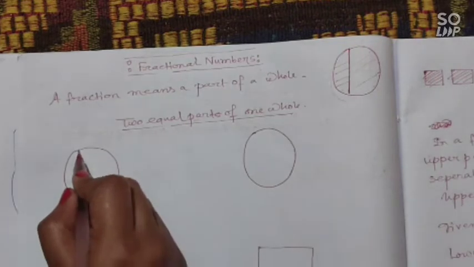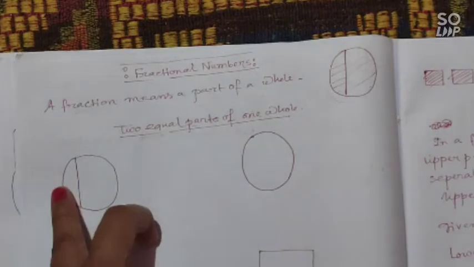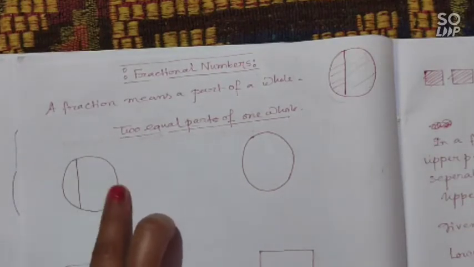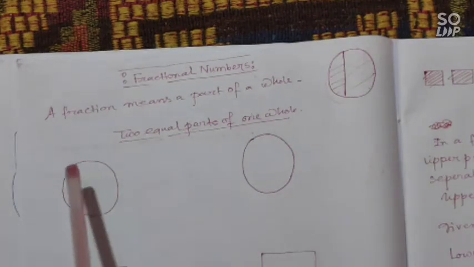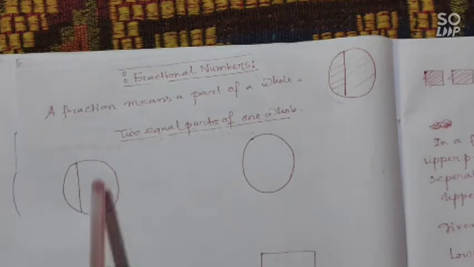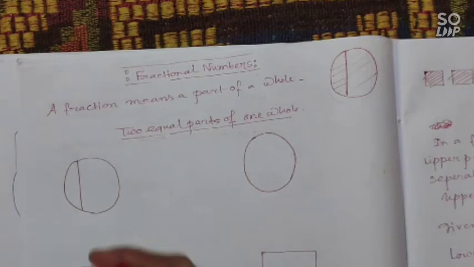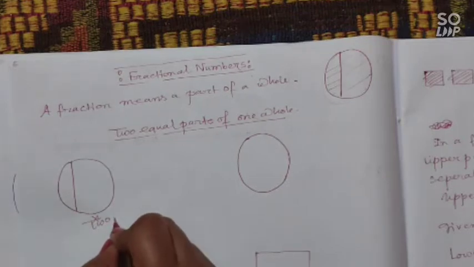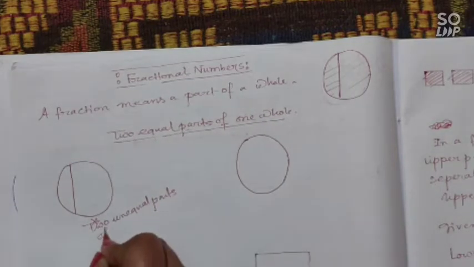We can divide it into two parts. You can see that here I have divided this object into two parts. One part, two part. But can you tell me, are these parts equal? You can see that these are not equal. Two unequal parts. There are two unequal parts of one whole.